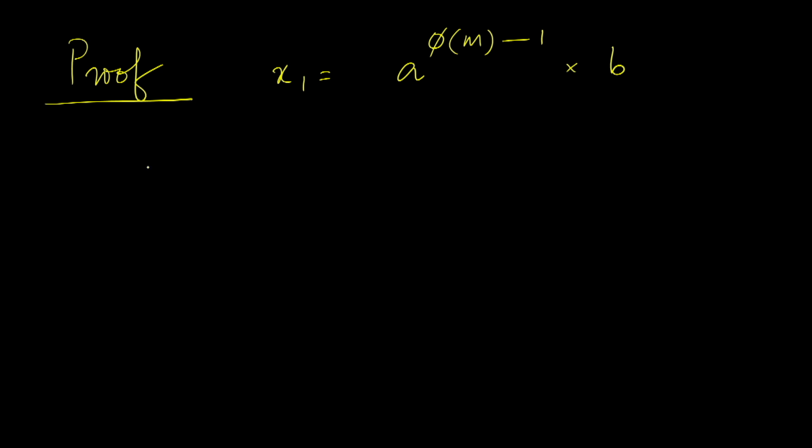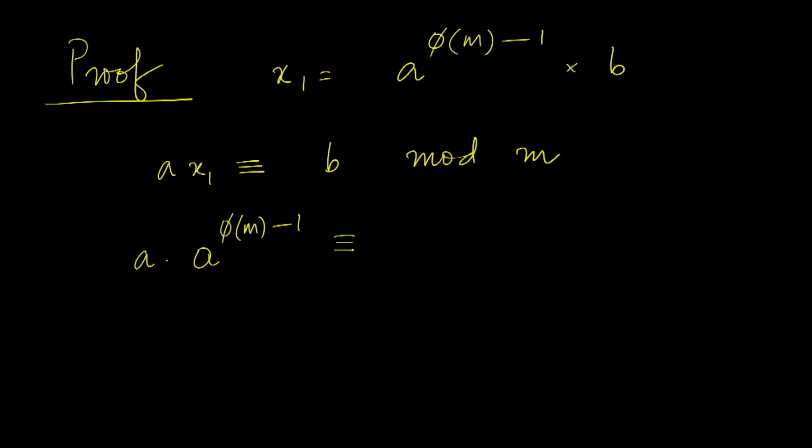Then plugging x1 into the congruence, the congruence says ax1 is b mod m. Then we have a times a power phi of m minus 1 times b is congruent to b mod m, if x1 is indeed a solution.